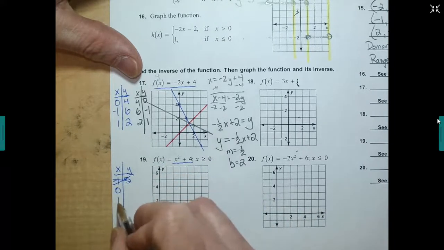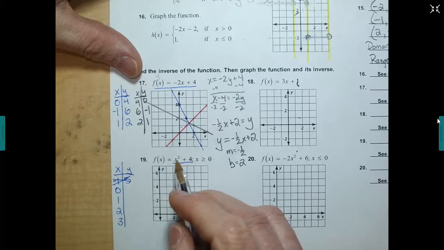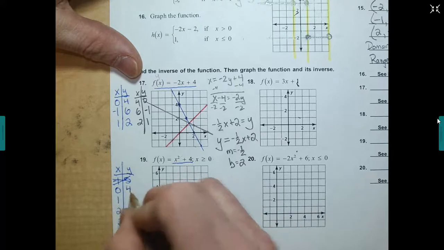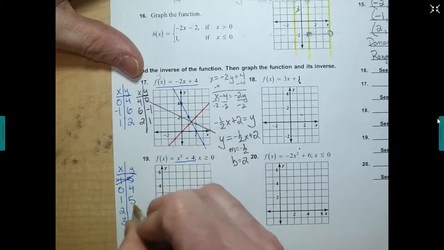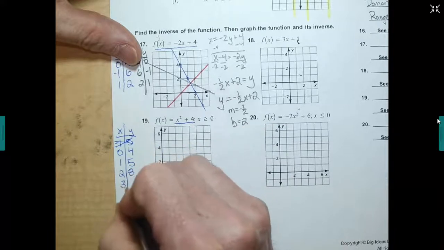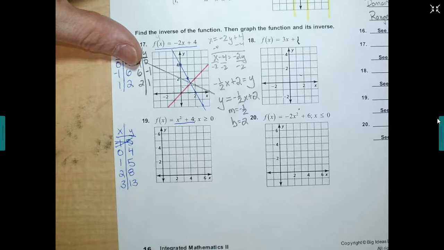So 0, 1, 2, 3. 0 times 0 is 0, plus 4 is 4. 1 times 1 is 1, plus 4, that's 5. 2 times 2 is 4, plus 4, that's 8. 3 squared is 9, plus 4 is 13.